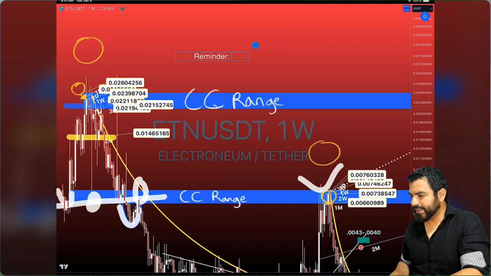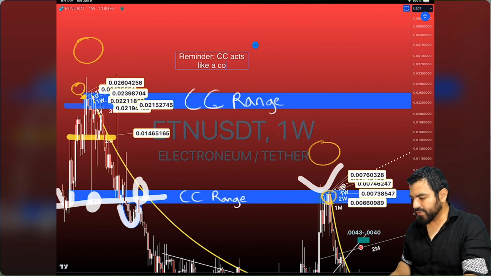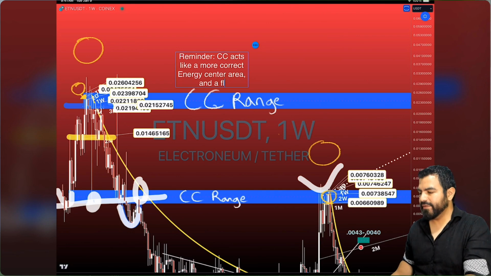Reminder: core cluster acts like a more correct energy center and a flat.